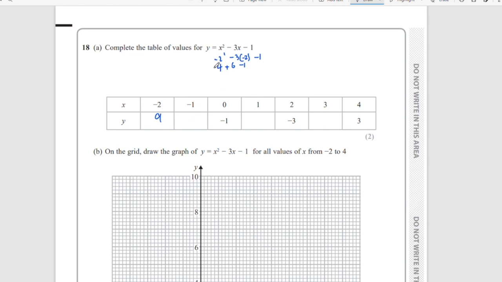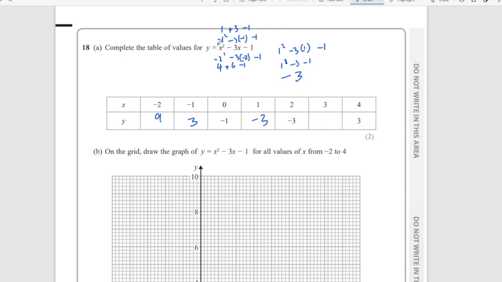Same way, when x is negative 1: negative 1 squared, minus 3 times negative 1, minus 1. Negative 1 squared is 1, minus 3 times negative 1 is positive 3, minus 1. It's 4 minus 1, 3. When x is positive 1, it will be 1 squared minus 3 times 1 minus 1. 1 squared is actually 1, so it will be minus 3.